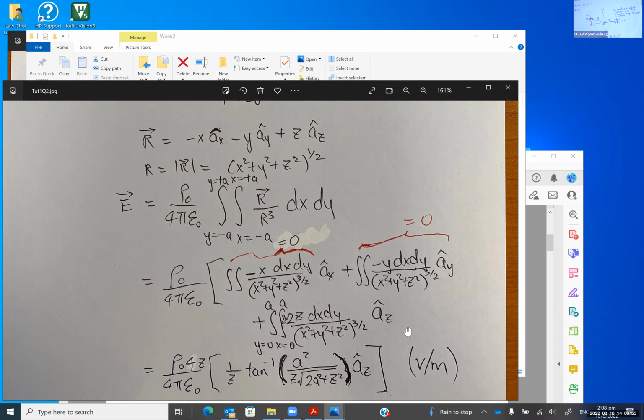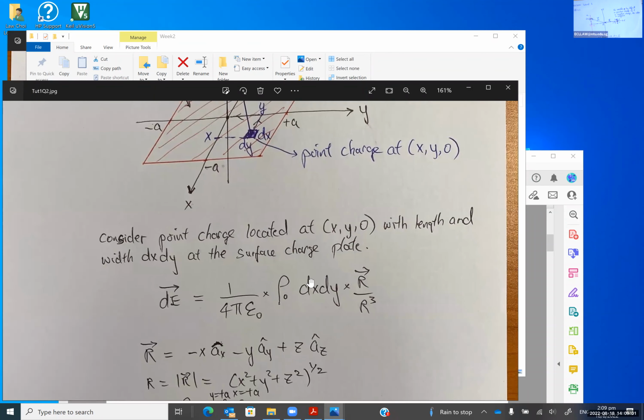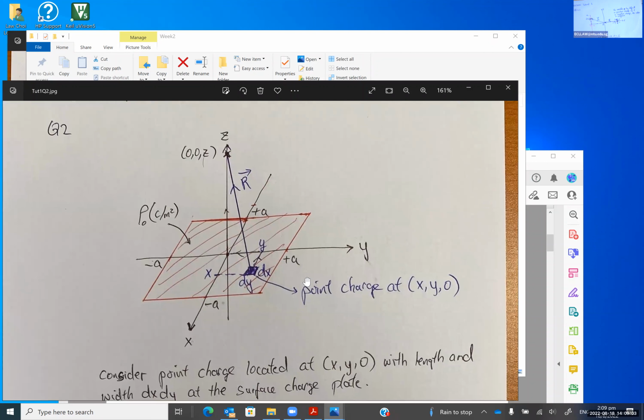Which one will cancel and get 0? So you have to go back to the physical diagram to see that. So just now we said when we look at this R vector, right? Due to this point charge here, it has a negative ax component and a negative ay component, right?